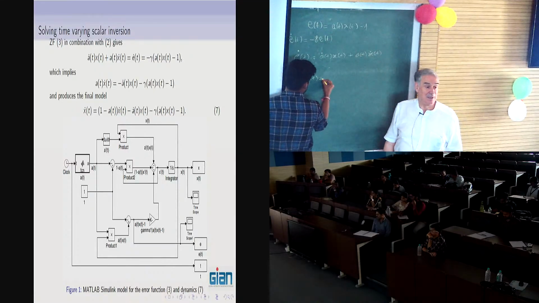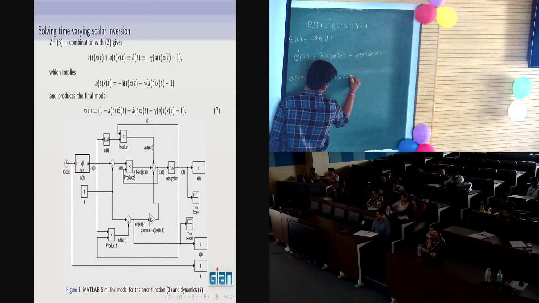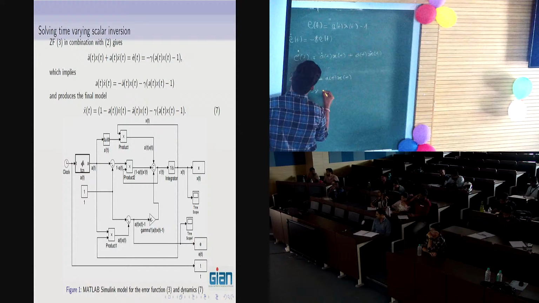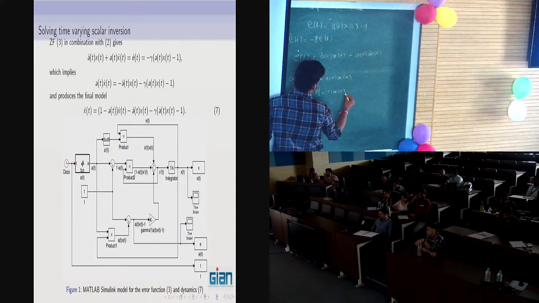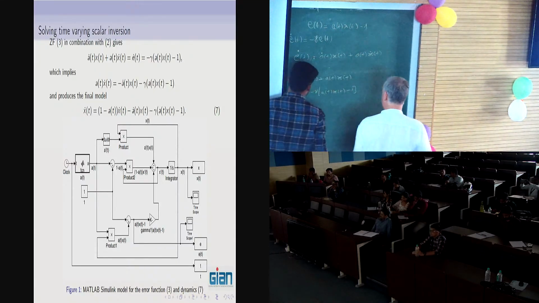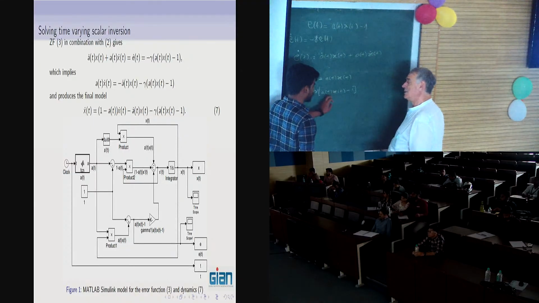It is the derivative of a product, well known from high school. I think in high school we learned this. E dot of t is equal to minus gamma E of t.